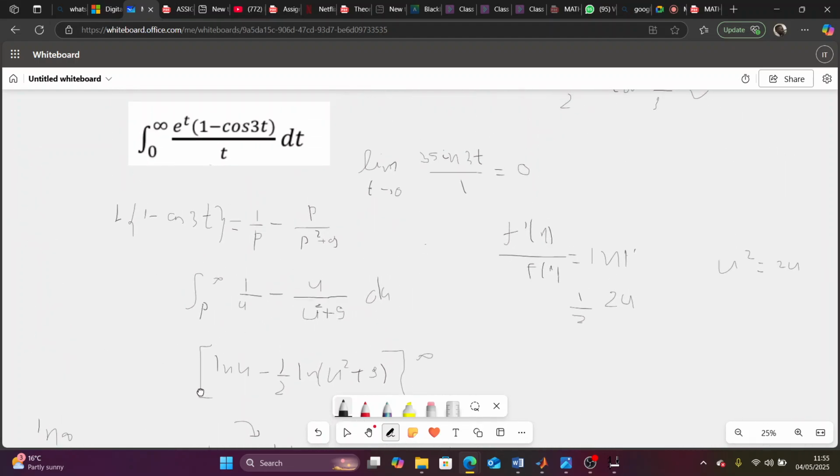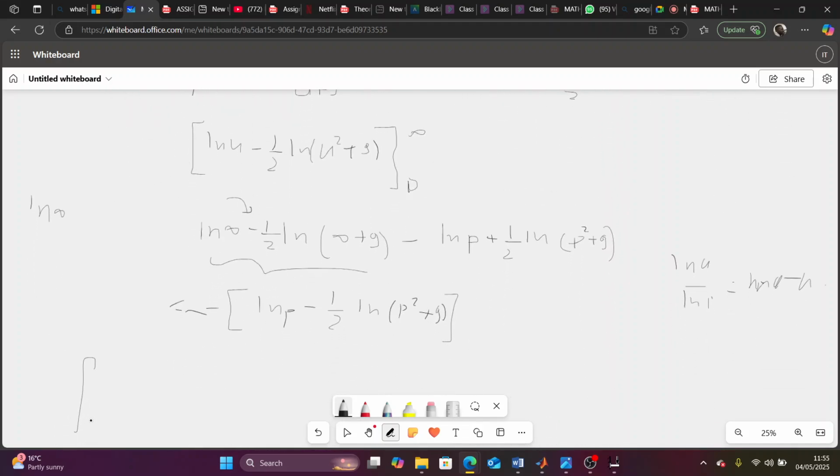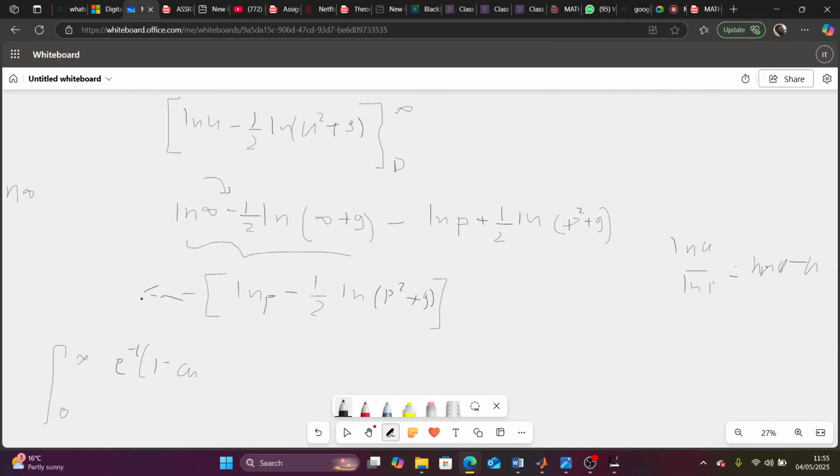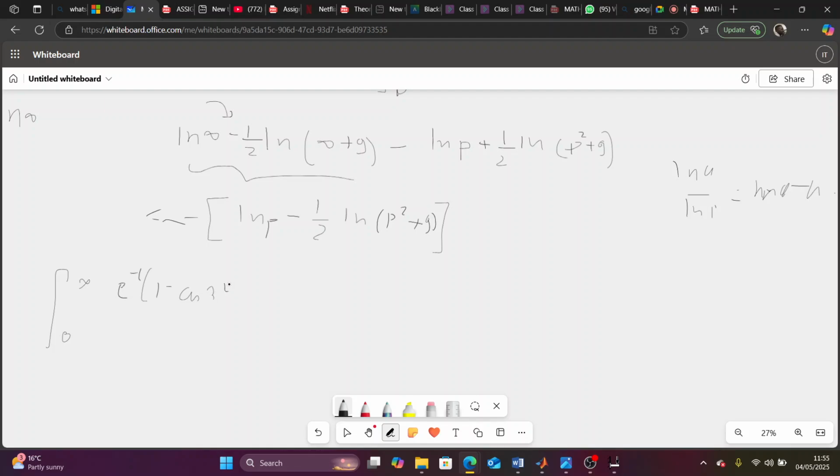The whole function was the integral from 0 to infinity of exponential of t times (1 minus cos 2t, cos 3t), everything over t dt. It is going to be equal to this answer that we found. You can leave it like that, you don't have to worry about trying to make it nice.